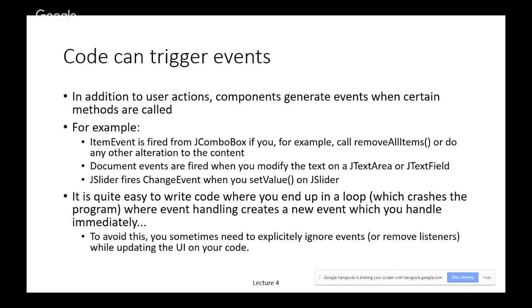There are a couple of different things you can do. What we did here in the code was have one Boolean variable telling whether I'm editing or not. Another approach would be to actually remove the listeners for the duration of your own operations. You can add and remove listeners; they don't have to be there all the time. In some cases, that would make for cleaner and easier to understand program code.